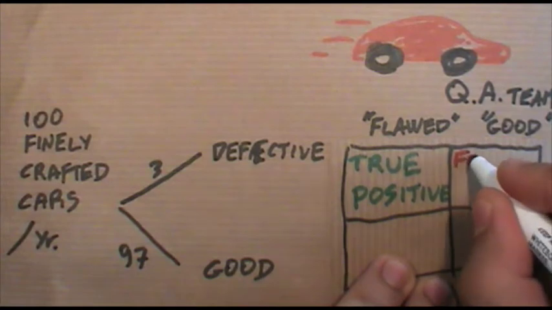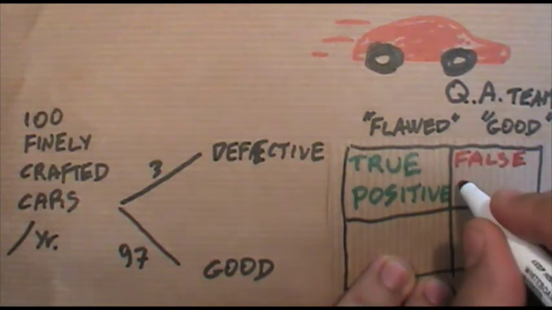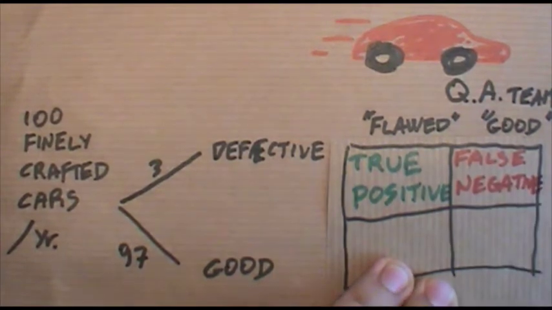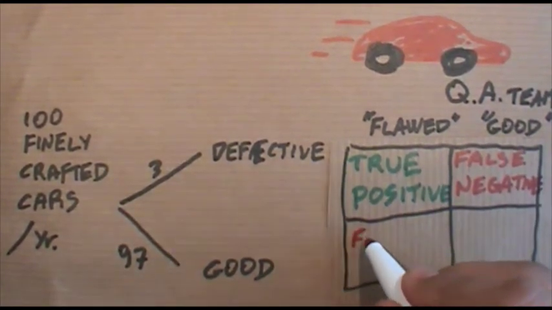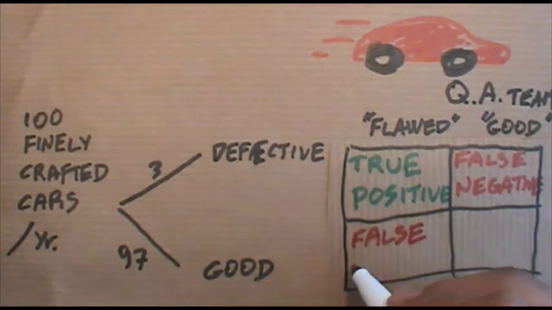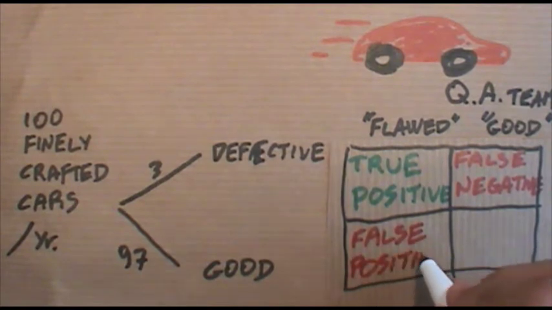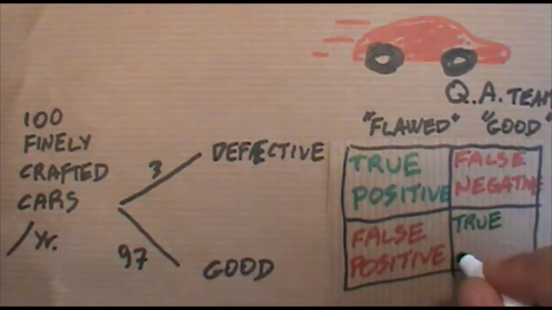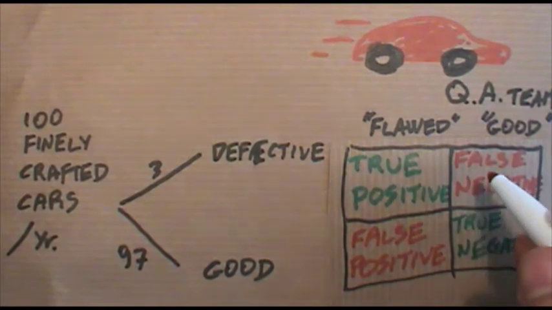In the top right, we count the false negative cases. The car was declared okay, but we were wrong. In the bottom left, we find the false positives. The QA team didn't pass 3 good cars. Finally, in the bottom right, we find the true negatives, good cars that passed the test.